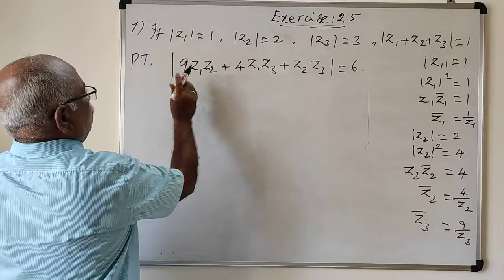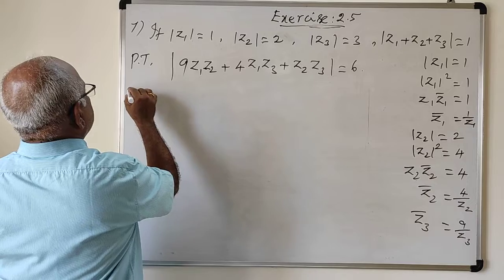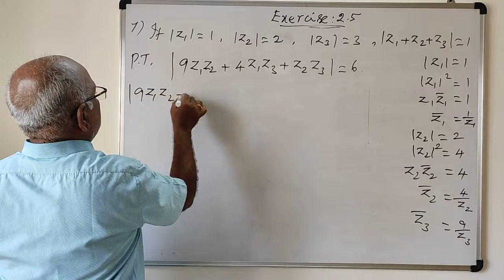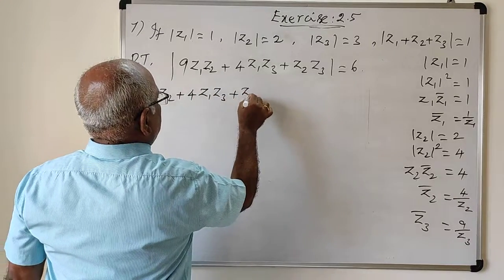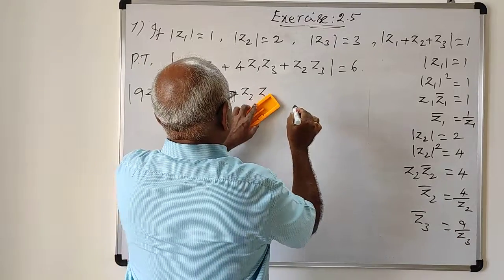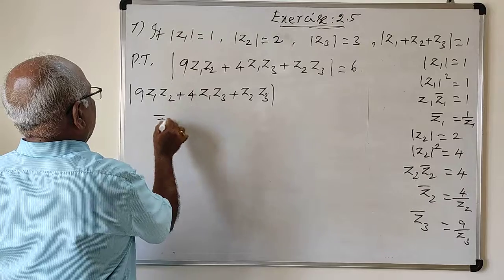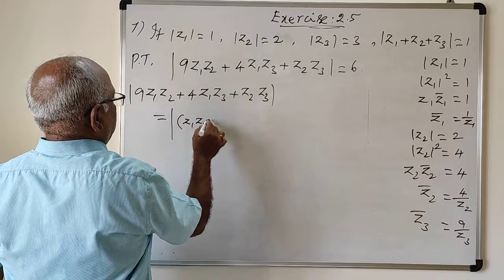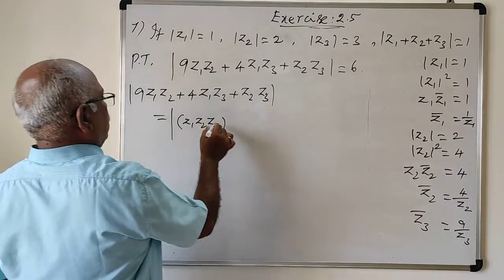Here, to prove this result, we are considering the expression modulus of 9 into Z1 into Z2 plus 4 into Z1 into Z3 plus Z2 into Z3, equal to, you multiply by Z1, Z2, Z3 and divide each term by Z1, Z2, Z3.